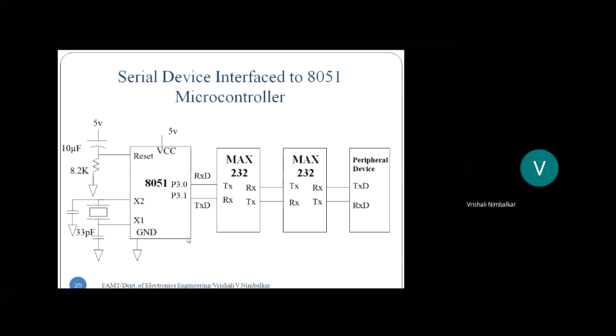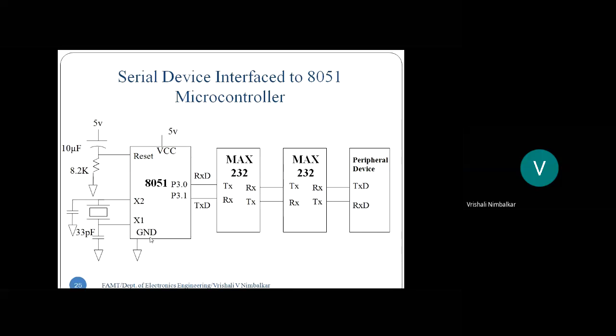With 0 volt, 5 volt logic levels, the noise margins are very, very small. Then the signals will be sensitive to noise, and we do not want that. Logic 1 transmitted should remain logic 1 at the receiver side. It should not change to logic 0. The reception and the transmission should happen correctly.